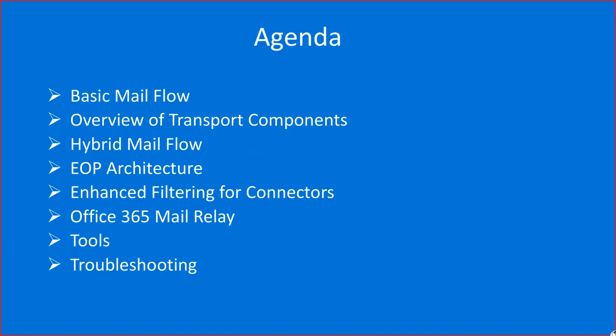We also talk about how to relay mails through Office 365. There are genuine business reasons to relay messages from Office 365, and we discuss the three options available to us for mail relay. And finally, we talk about the tools that we use to troubleshoot mail flow issues and a few common scenarios that we come across when we work on cases in the support team.